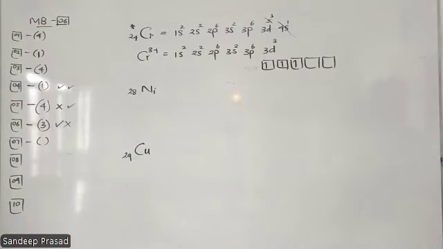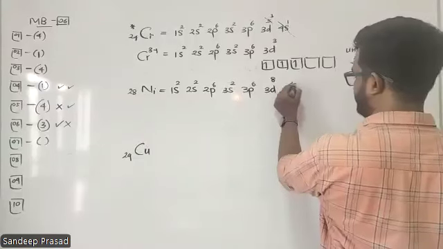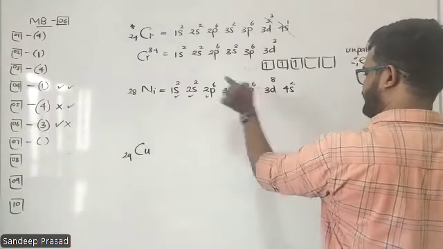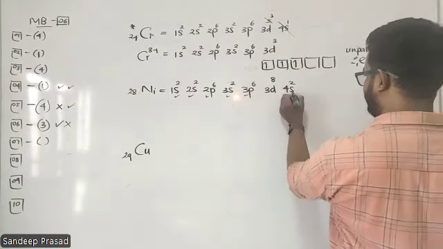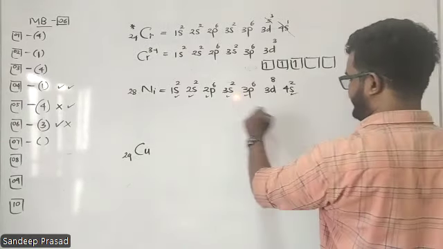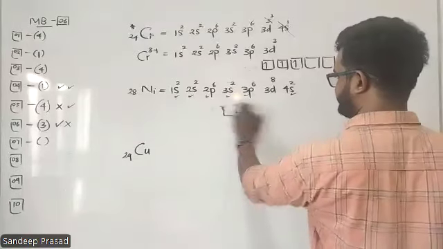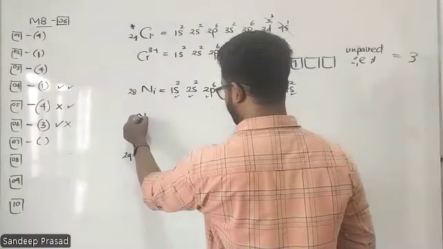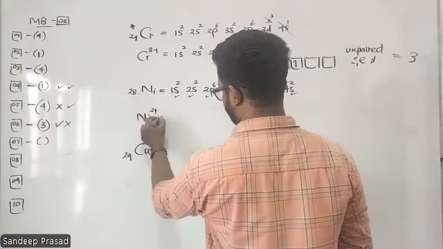Okay. Go for the nickel. What is the configuration of nickel? 1s2, 2s2, 2p6, 3s2, 3p6, 3d8, 4s2. So these electrons are paired, no? Right? Orbitals are completely filled, even the 4s2. Then we have to focus on 3d8. But remember, they're asking about nickel 2 plus. It's not nickel, nickel 2 plus.